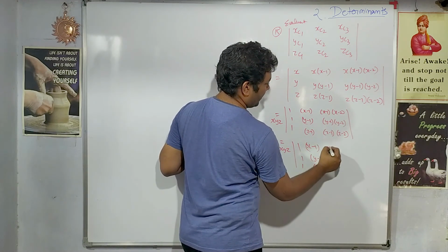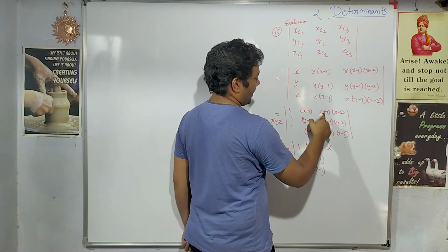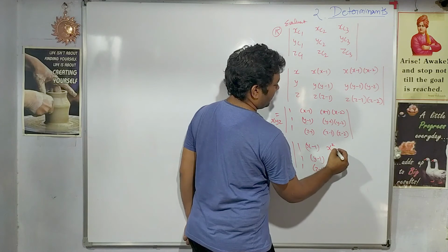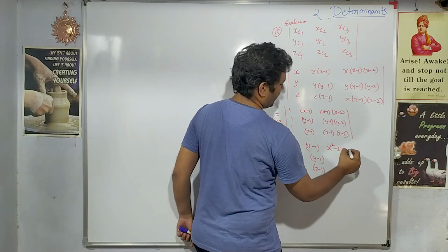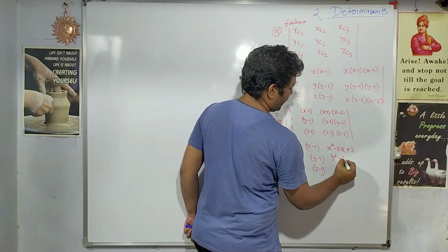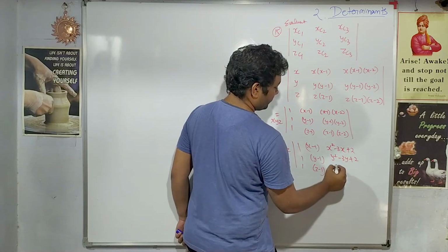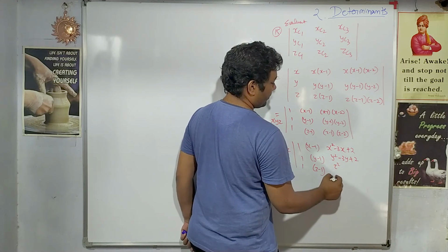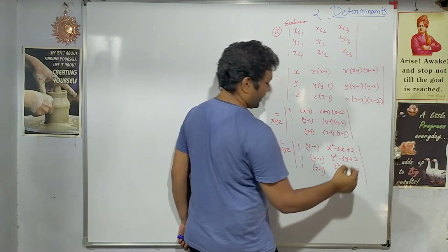So here it will be x square minus 3x plus 2, y square minus 3y plus 2, z square minus 3z plus 2, correct?